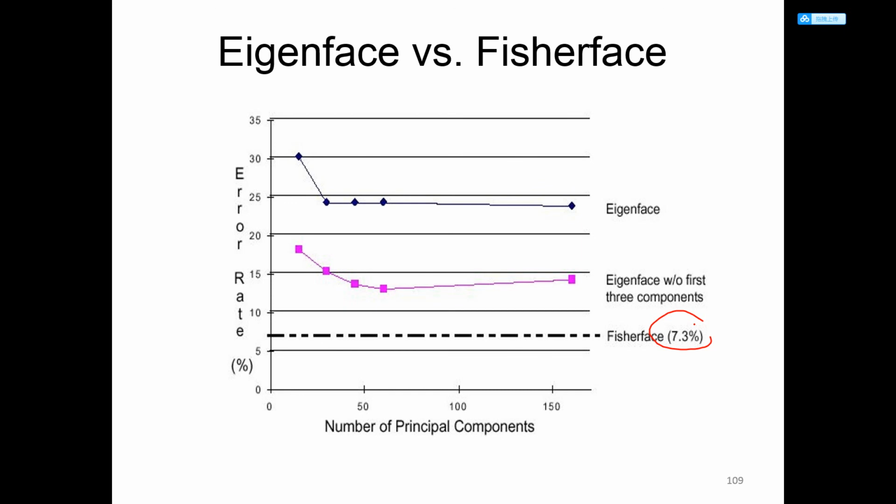But I like to mention this because both PCA and LDA are classic algorithms used in many places, and they are useful not just for face recognition. You can create exactly the same kind of recognition algorithm for anything. For example, with vehicle recognition, let's say cars, you can use exactly the same idea as Eigenface or Fisherface.